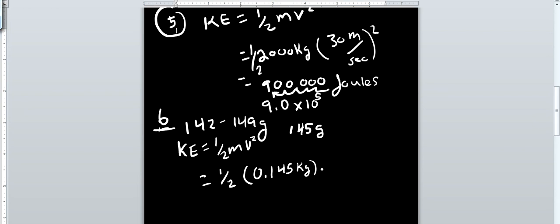The velocity is 95 miles an hour. But we want to change 95 miles an hour to meters per second. So we have a conversion formula.